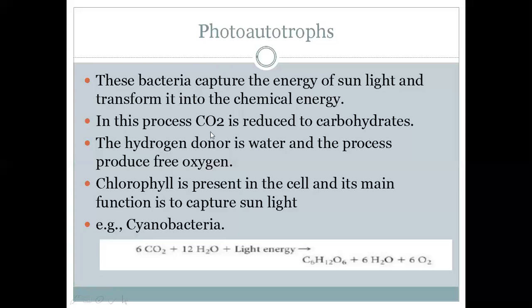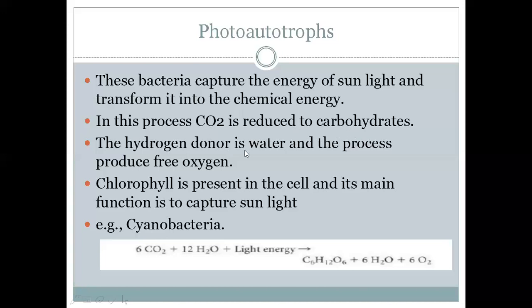In this process, carbon dioxide is reduced to carbohydrates, with the carbon dioxide absorbed from the atmosphere. What do you mean by the word reduction? Reduction means addition of hydrogen or removal of oxygen. Here hydrogen is not involved in carbon dioxide; if you add hydrogen to this molecule, it will be called a reduced molecule, and then this will form carbohydrates.